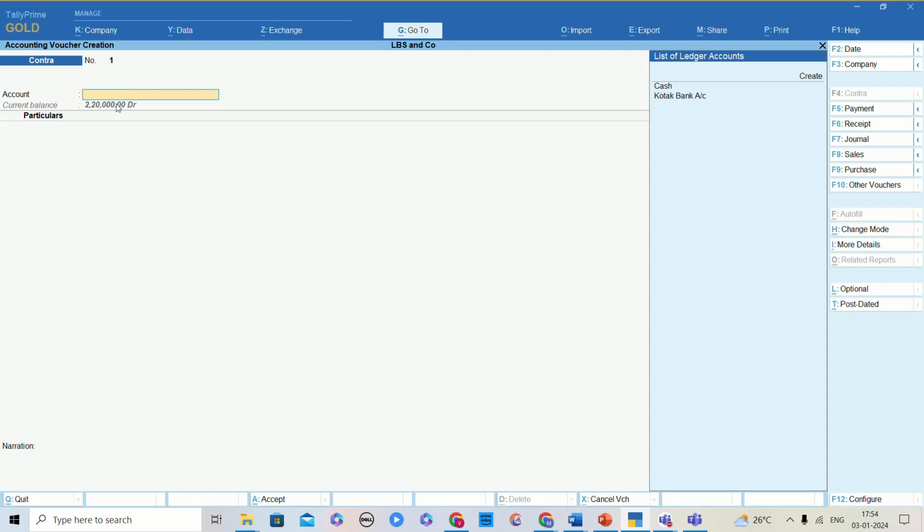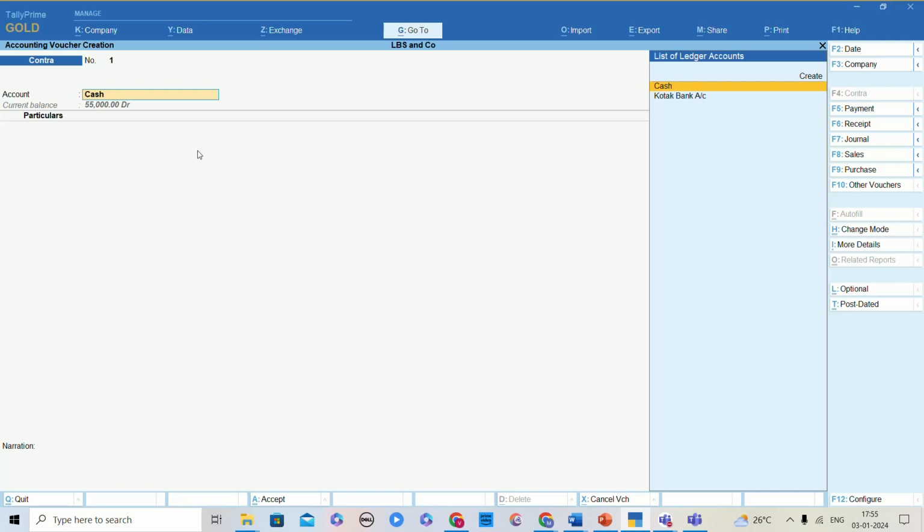Bank account or cash account? When we withdraw, you should take the cash account. For deposit you said bank account, for withdrawal cash account needs to be taken. So don't get confused. The ledger account whose balance will increase, that ledger account needs to be taken here. Got it?